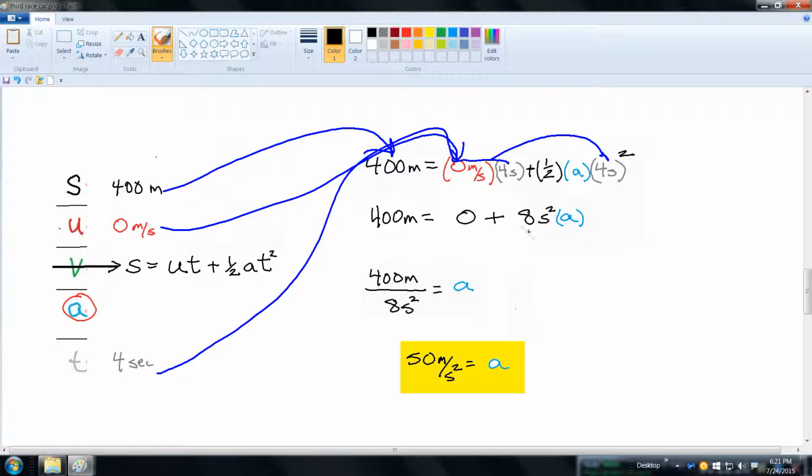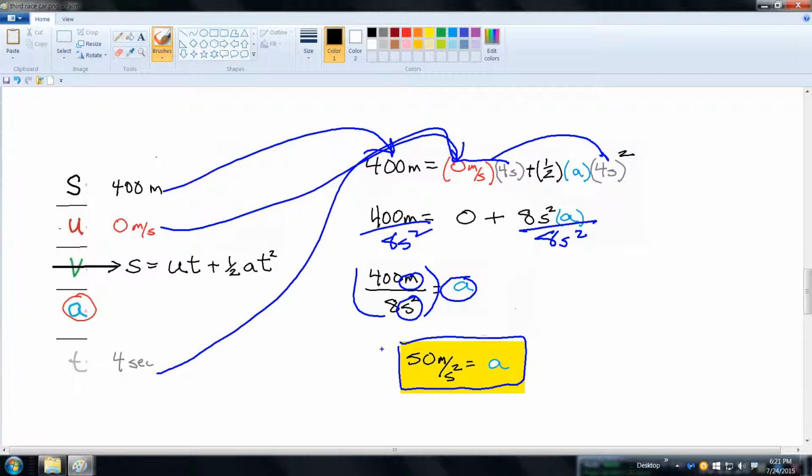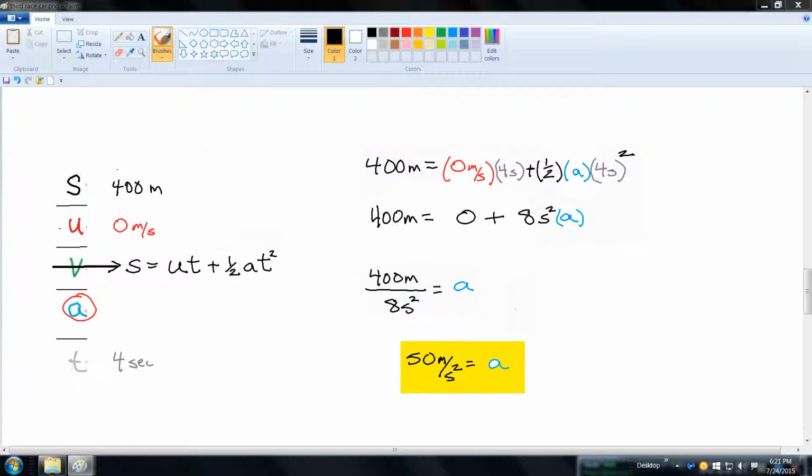And then we divide both sides by 8 seconds squared to isolate a. And we end up with this. And that's great because acceleration is meters per second squared, so it's pretty easy to see how the units work out well. And so we end up with 50 meters per second squared. And that is our answer.